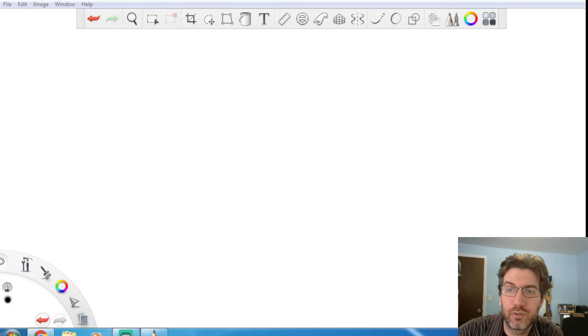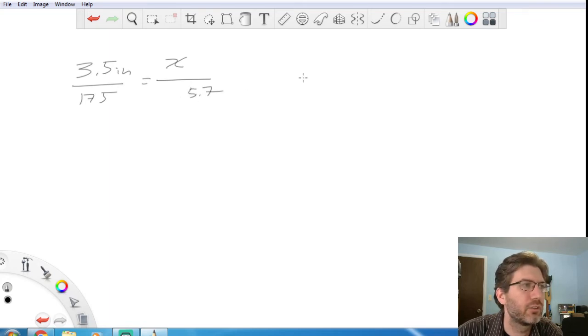Yeah, there is a way for things to not line up. For example, in that one, if I put 3.5 inches relates to x over 175 and 5.7, that should not work.